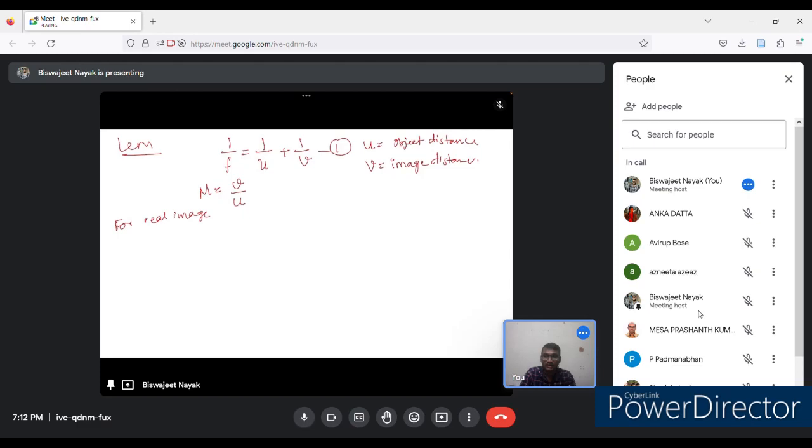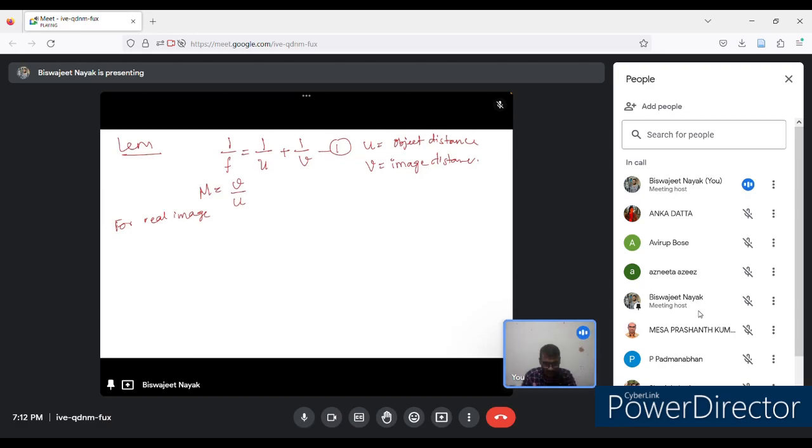In week 1, the optical properties of the microscope were the focus. Here I'm explaining the lens formula: what the magnification will be for the objective lens and the eyepiece lens.